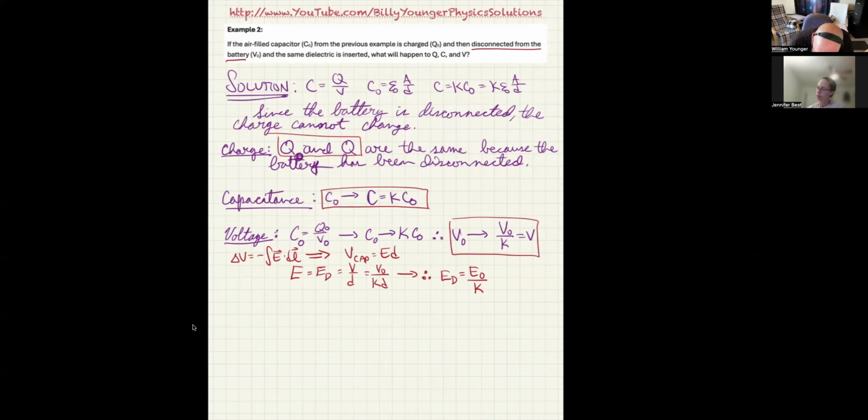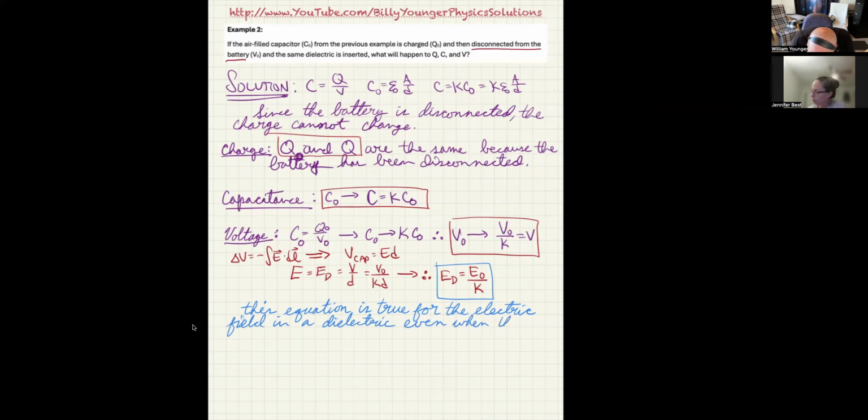So this equation is true for the electric field in a dielectric, even when the dielectric does not fill the volume between the plates.